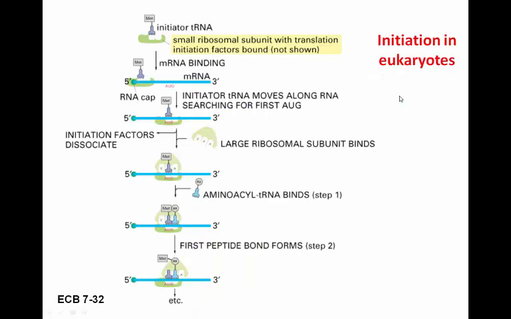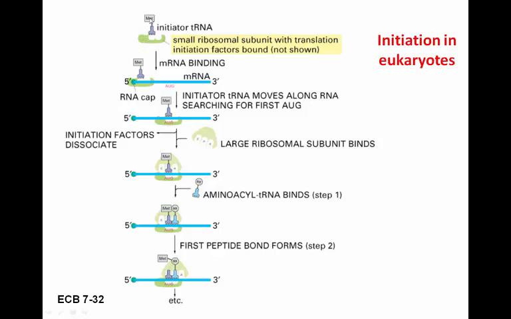Initiation in eukaryotes: this is our small ribosomal subunit, and it interacts with the initiator tRNA, which has a methionine on it. At this point, the mRNA binds, and what we see as the bulb at the end is the cap, and the cap binding protein. So the ribosomal subunit recognizes the cap.